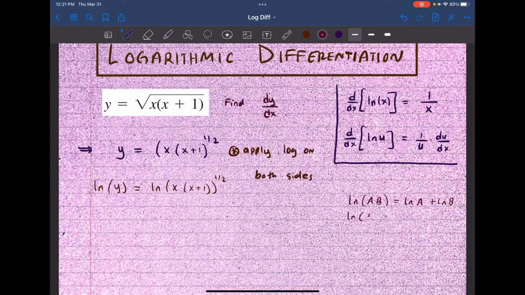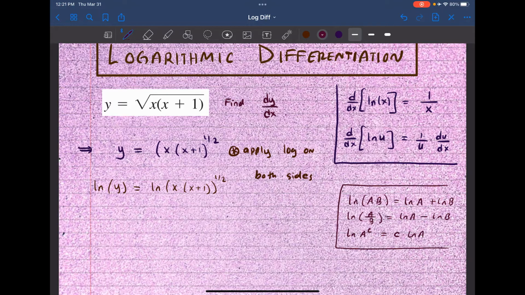The second law tells us if you have ln of a over b, that's simply ln of a minus ln of b. And the last law, if you have ln of a to the power c, that's simply c times ln of a.